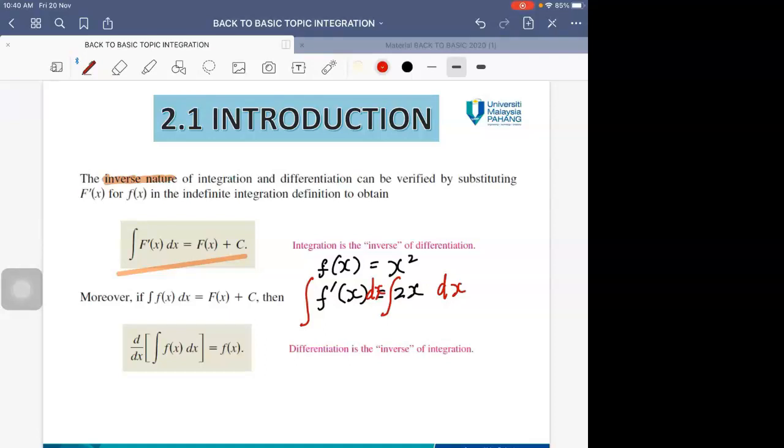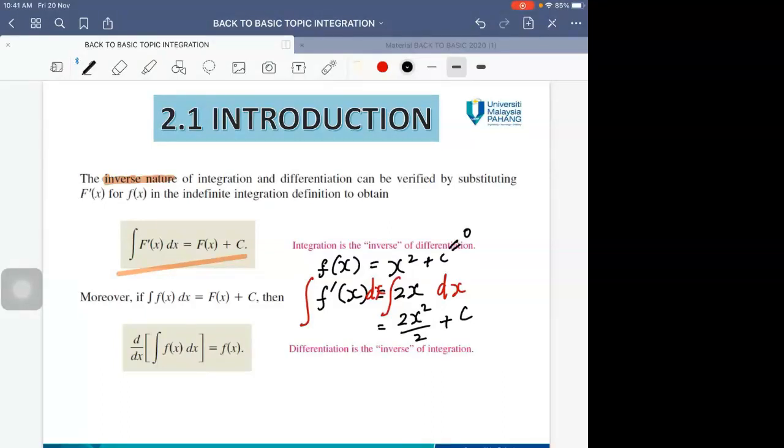So what we get here is 2x squared over 2, and then plus your constant. Actually here we have a constant, where the constant can be any value. 0 is also a constant. So in this case, C was 0 previously.